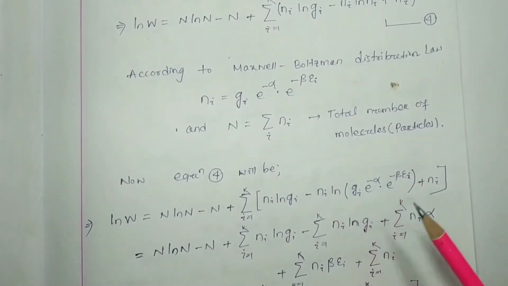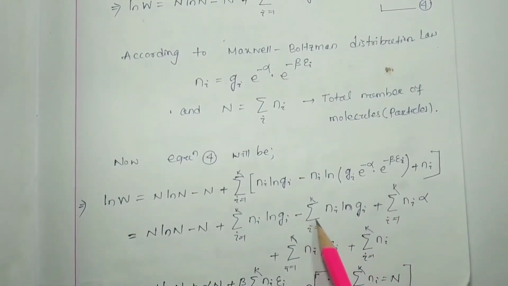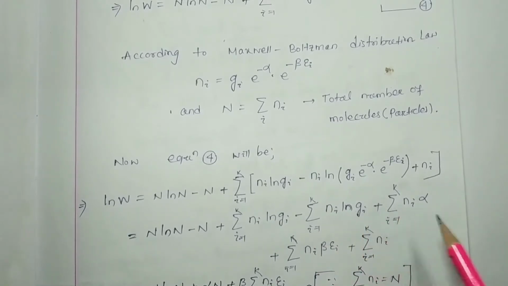Separately I can write it with addition, so it will be minus the summation over i equal to 1 to k of n_i ln g_i, then plus the summation over i equal to 1 to k of n_i alpha.